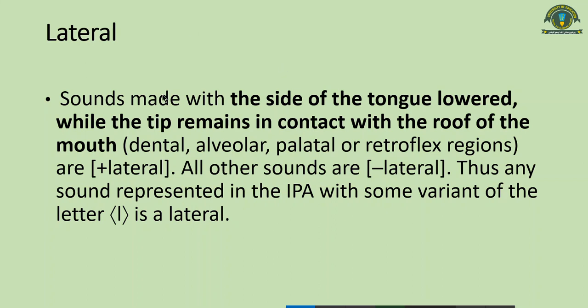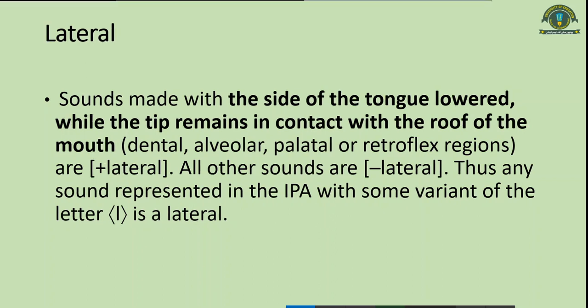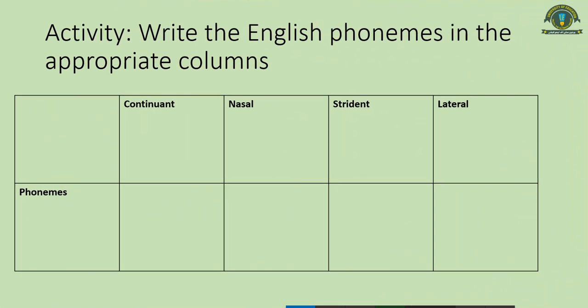Some dental, alveolar, palatal or retroflex sounds are plus lateral and are present in some of the other languages of the world. Now here again is an activity for you. Before you move on, you have to try to write all the continuant phonemes, all the nasal, strident and lateral phonemes in these columns.